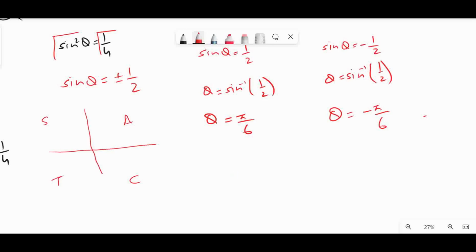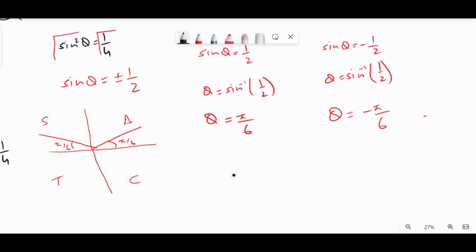Now here we can see that the sign is positive as well as negative. It means that our angles will lie in all of these quadrants. Now how can we find it out? There must be pi by 6 for the positive one, and here this will be pi by 6, and this will also be pi by 6.